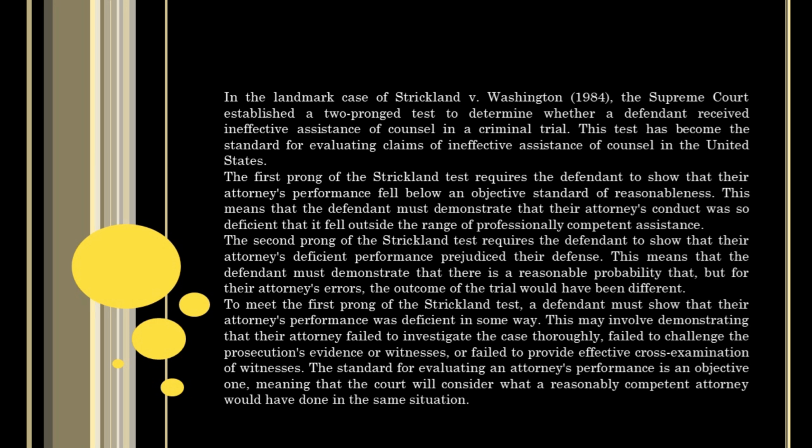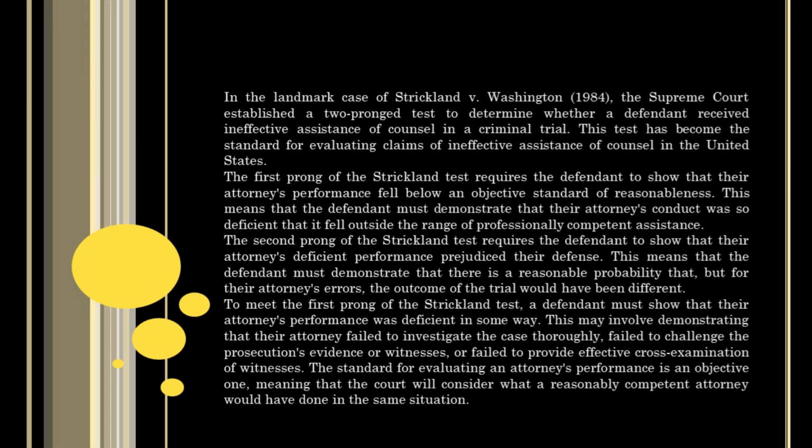This test has become the standard for evaluating claims of ineffective assistance of counsel in the United States. The first prong of the Strickland test requires the defendant to show that their attorney's performance fell below an objective standard of reasonableness. This means that the defendant must demonstrate that their attorney's conduct was so deficient that it fell outside the range of professionally competent assistance.